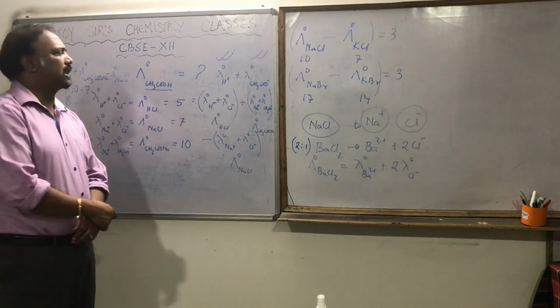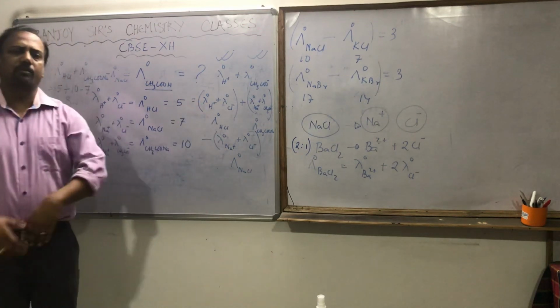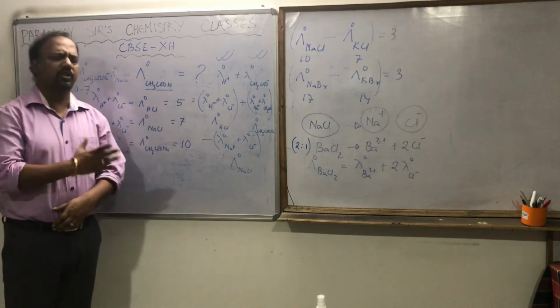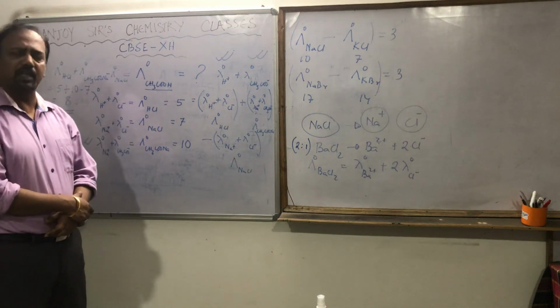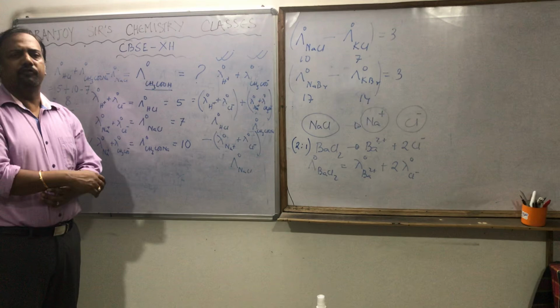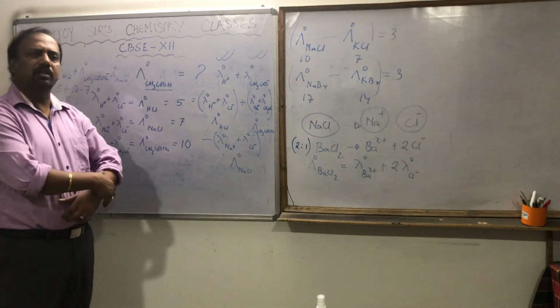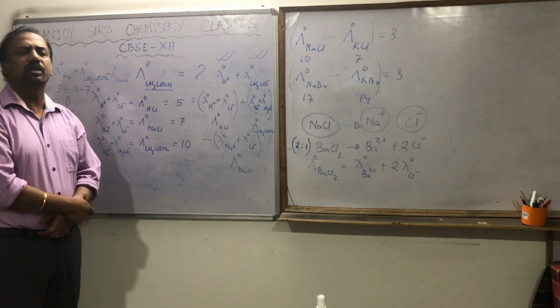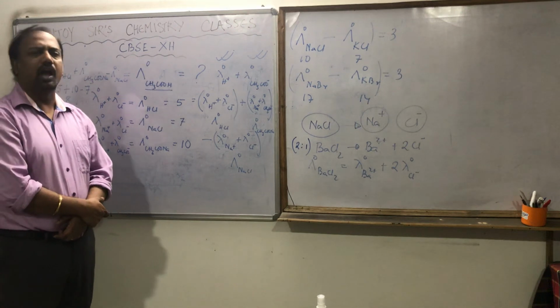Then Kohlrausch came into the picture and did a lot of experiments, and from there he found that the value of lambda 0 of an electrolyte is nothing but the individual contribution of the ions.